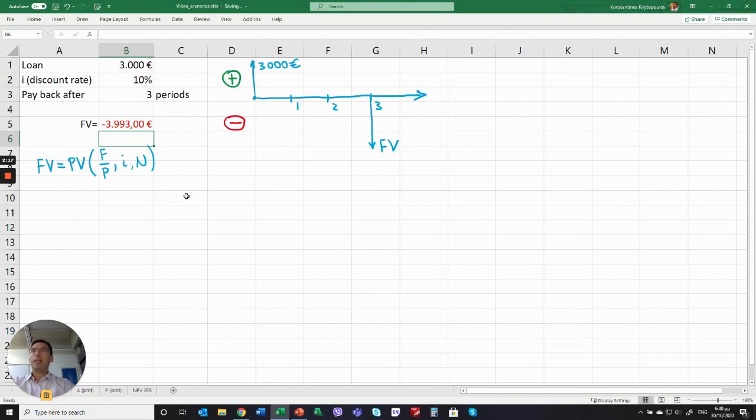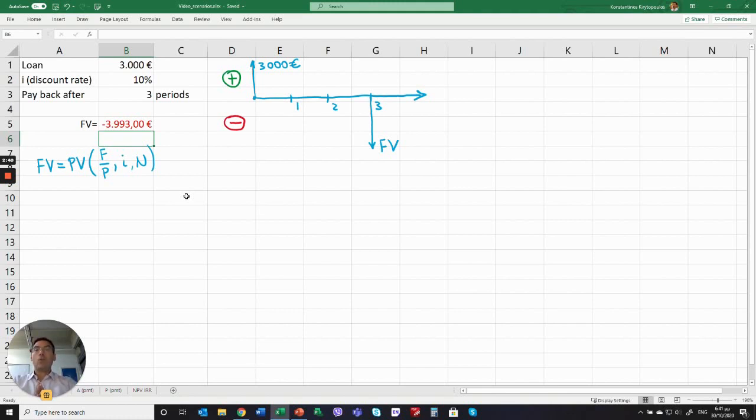If I get a loan of 3,000 euros now and I have a 10% discount rate for the period, then after 3 periods I'm going to have to give back 3,993 euros.